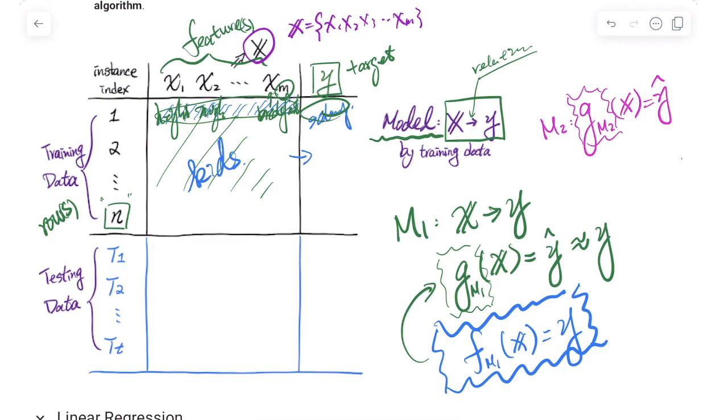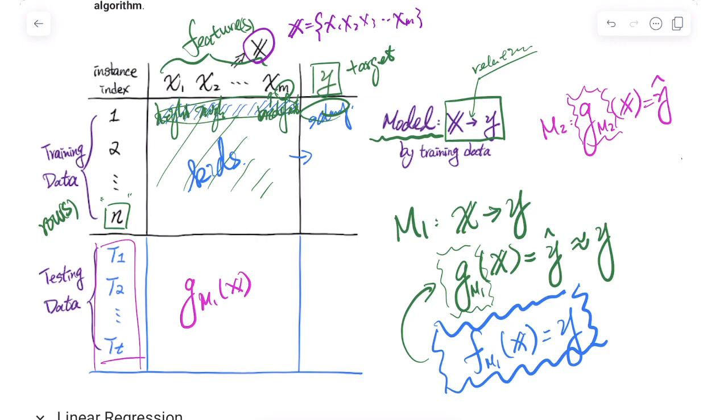After you have a model, we can collect a second data set, which is called the testing data set. The first data set is called the training data set. The training data set is used to help us find the different models. We apply different algorithms on the training data, where we have n data points and m features, plus y.